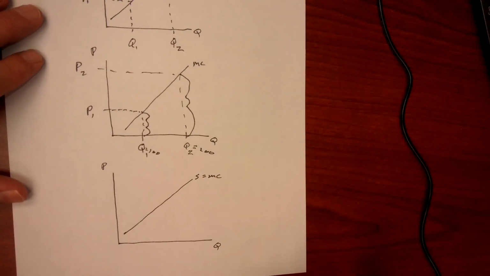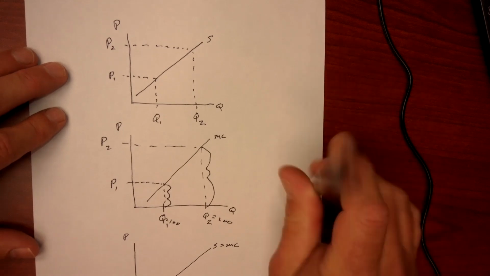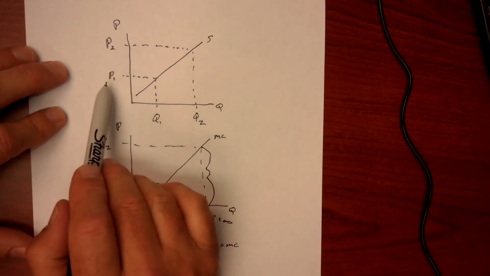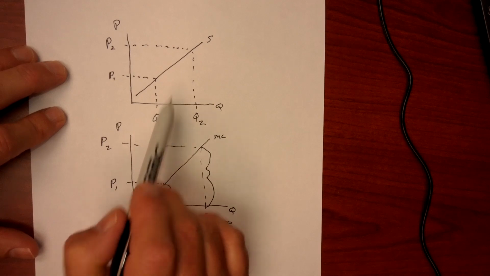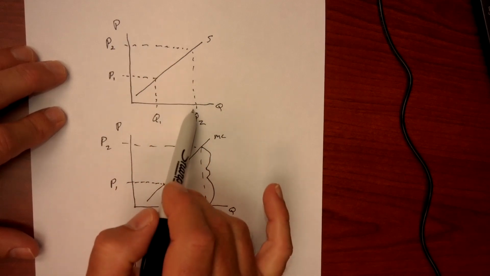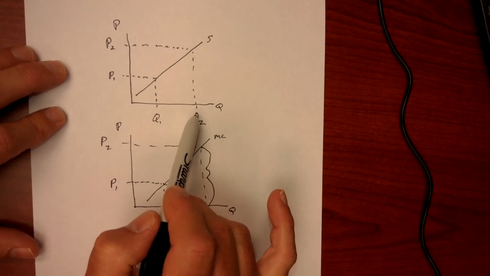We go to supply, you have basically the same argument. In mapping out the supply curve, we said, at this price, how much will firms be willing to put on a store shelf?